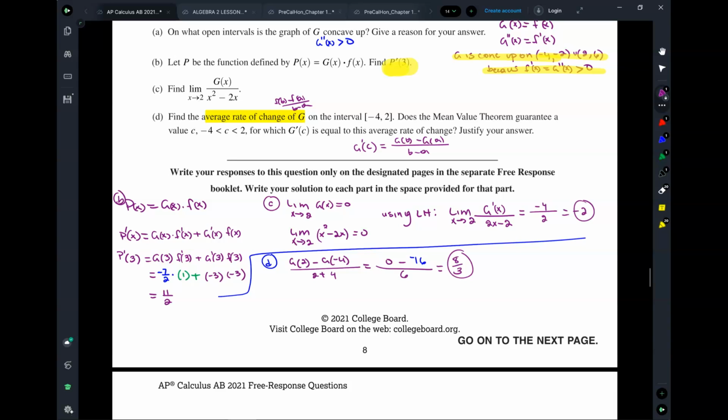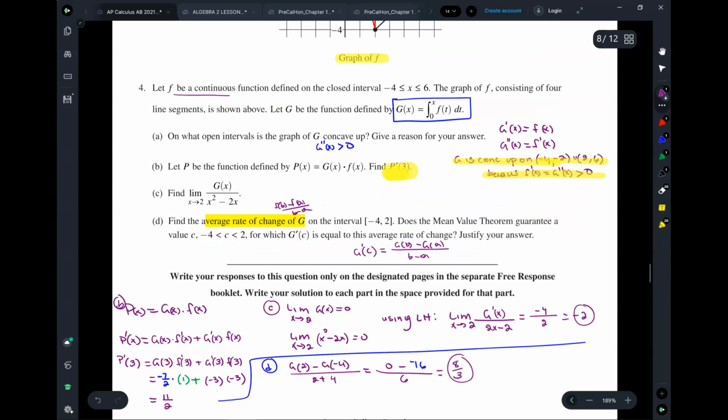And the hypothesis is, if f of x or g of x is continuous. Okay? If it's continuous. So yes.